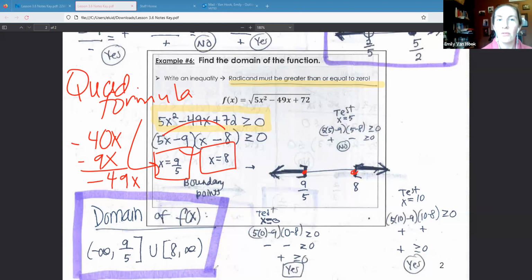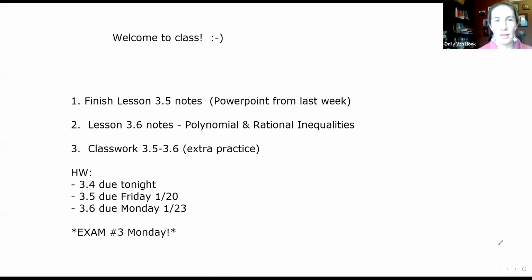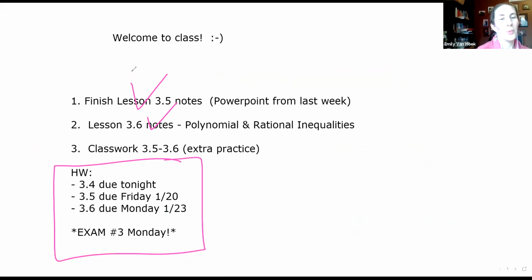I'll just remind you of the due dates one last time. I think we did everything we said we're going to do, mostly. Classwork is there in Canvas. Here are the due dates. So 3.4 homework is still due tonight. 3.5 we finished today, and that's going to be due Friday.